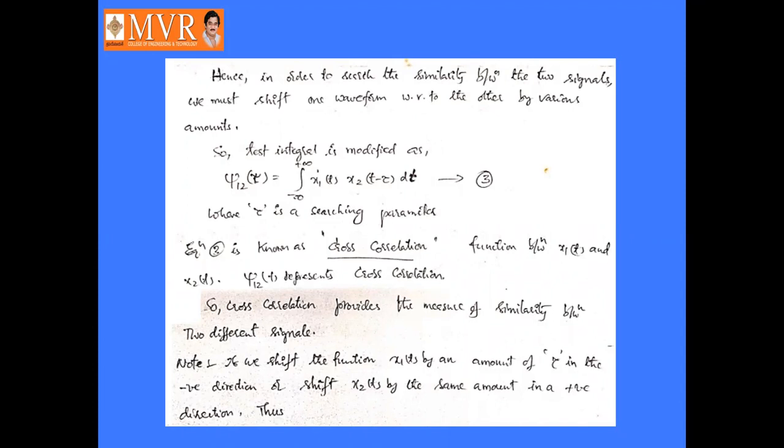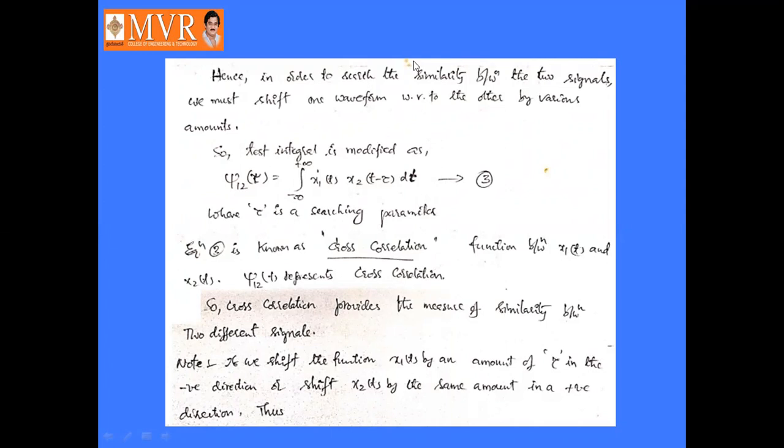So the test integral is modified as J12 of tau is equal to integral minus infinity to plus infinity x1 of t, x2 of t minus tau dt. This is called the cross correlation function between x1 of t and x2 of t.